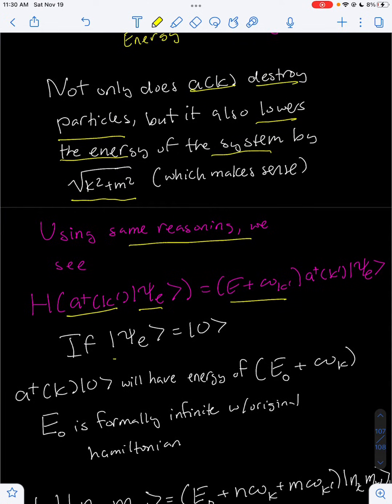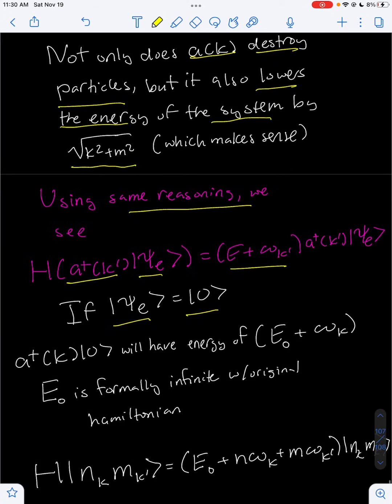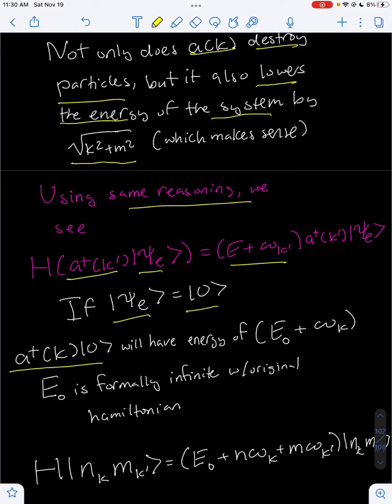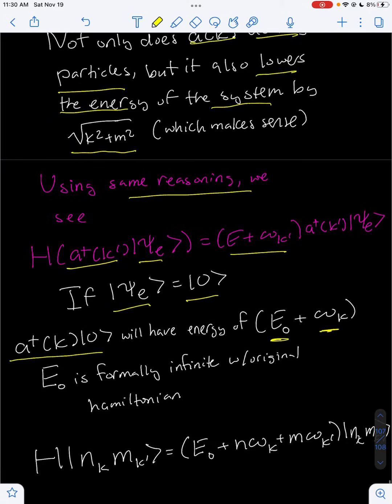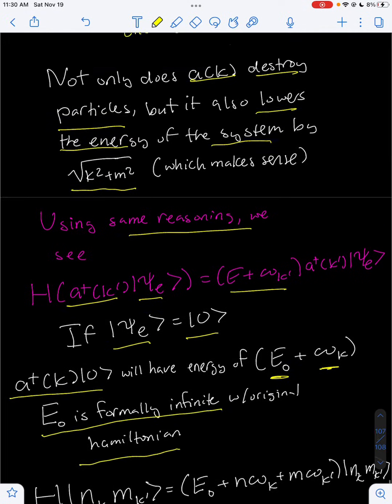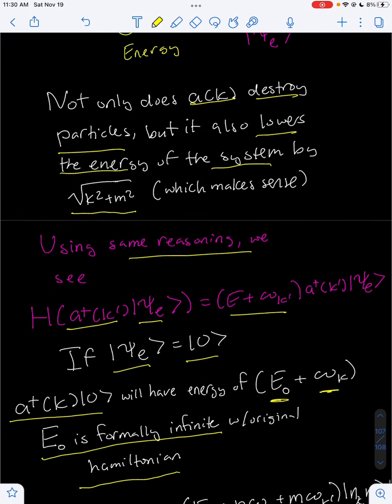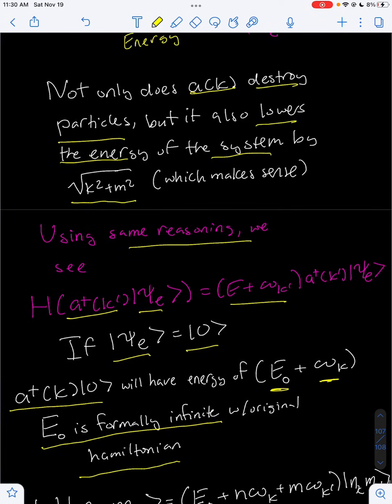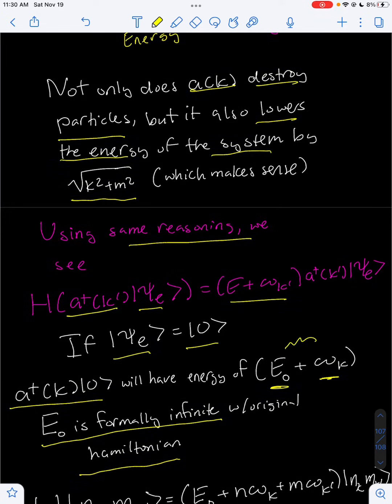So if our energy eigenstate turns out to be the vacuum state, that means that A dagger acting on the vacuum state will have an energy of the energy of the vacuum state plus omega k. But since E naught is formally infinite with the original Hamiltonian, that new state will also have an infinite energy. But working with the modified Hamiltonian, that new state will just simply have an energy of omega k if the vacuum state's energy is 0.